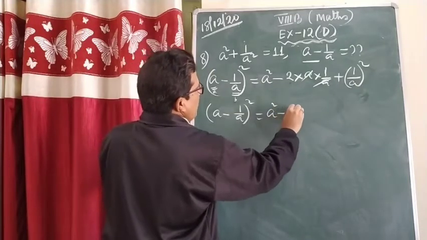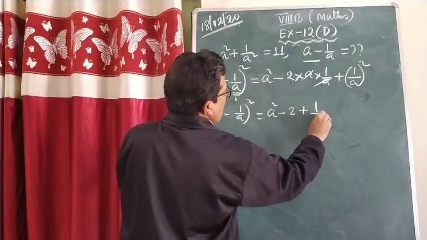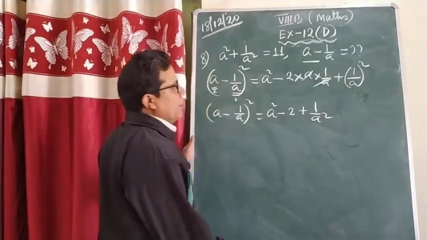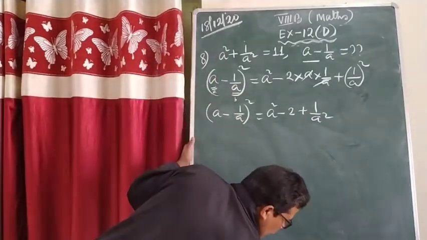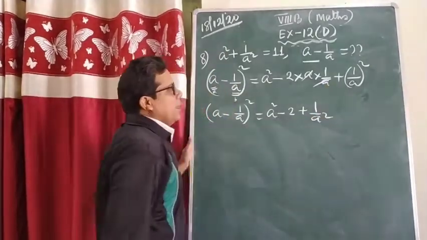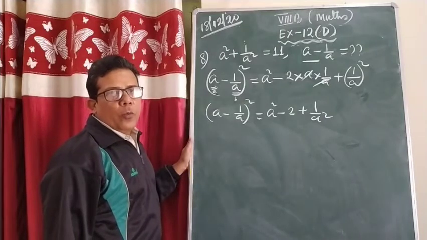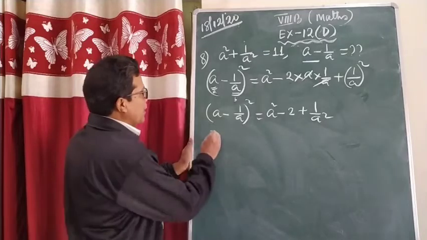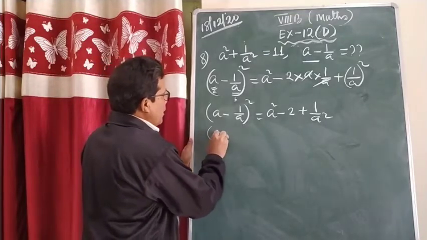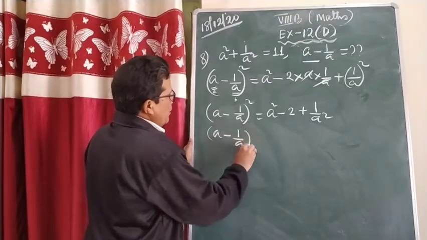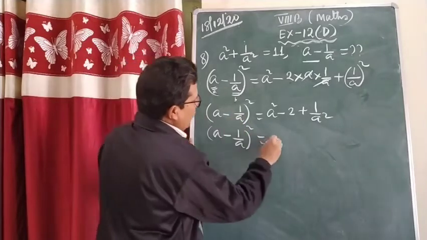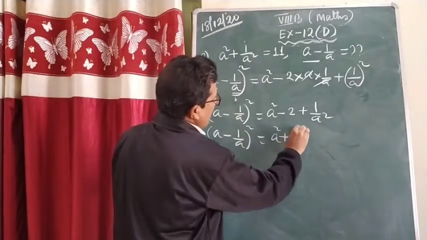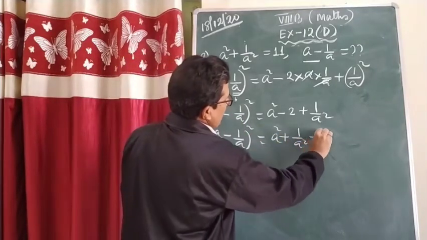Okay, so what will come here? A square minus 2 plus 1 by a square. How does 1 by a square come? I hope it is clear to you, because 1 by a into 1 by a, multiplying the top, 1, and the bottom, a into a, equal to a square. Now let us arrange it. A minus 1 by a whole square equal to, if I write all the squares on one side, minus 2 comes.